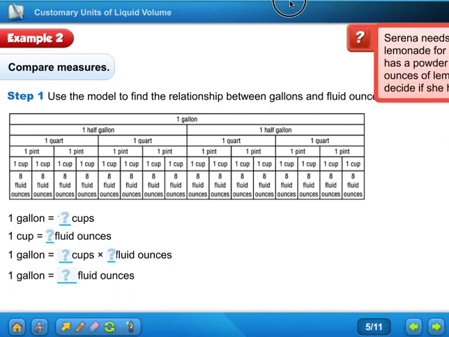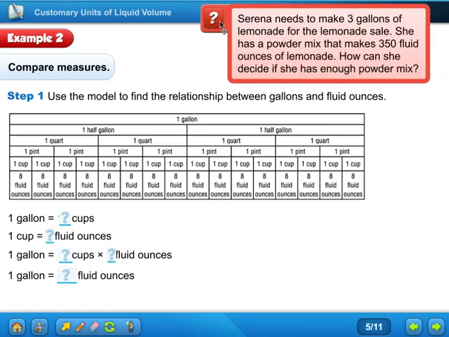Let me pull the question out. Serena needs to make 3 gallons of lemonade for the lemonade sale. She has a powder mix that makes 350 fluid ounces of lemonade. How can she decide if she has enough powder mix?